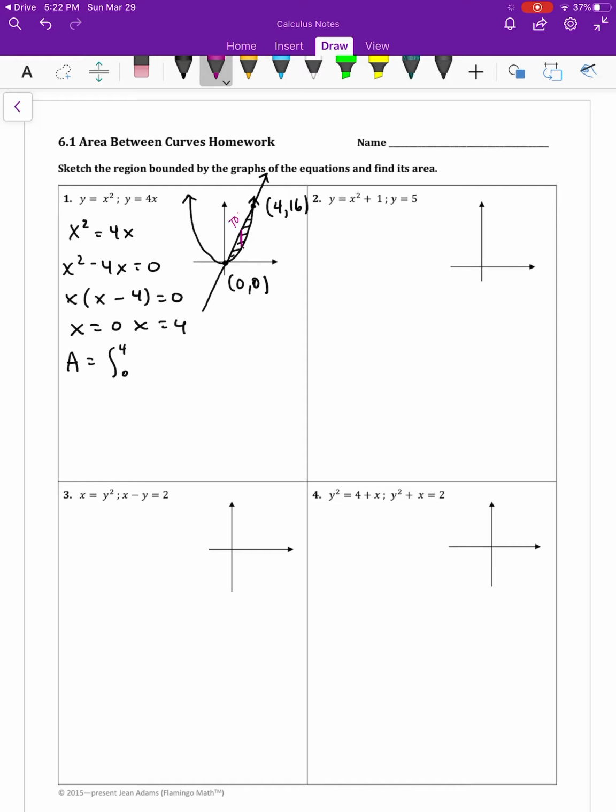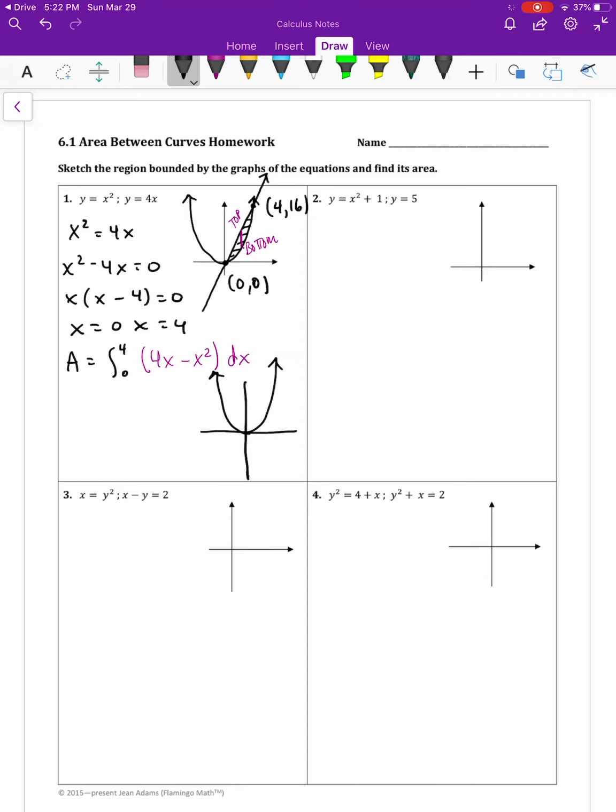If you go along the x, you're thinking your top function is this 4x, and your bottom function is the x squared, right? Because if I drew my vertical line, that would be my top function, and this one would be my bottom function. And so this would be 4x minus x squared dx.